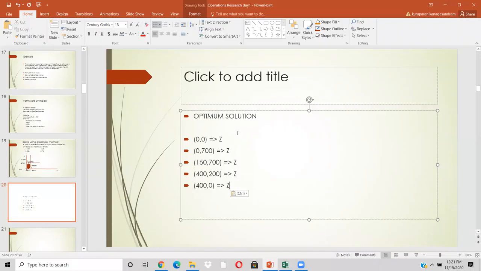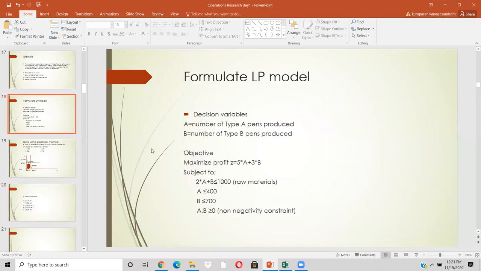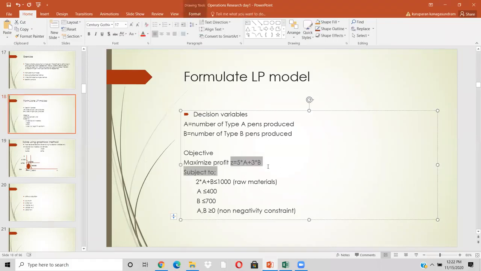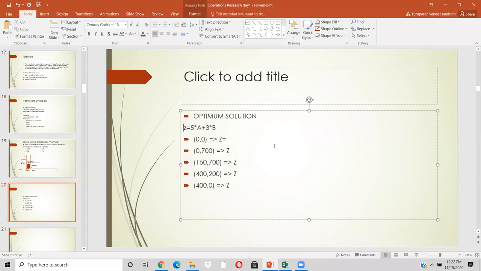How do you calculate Z? What is this Z? Okay. How to find it? 5 times 0 plus 3 times 0, that's equal to 0. Similarly here, 5 times what is the value for A?